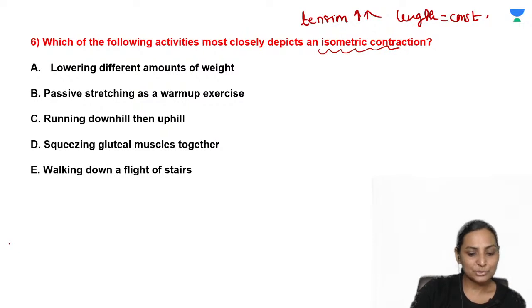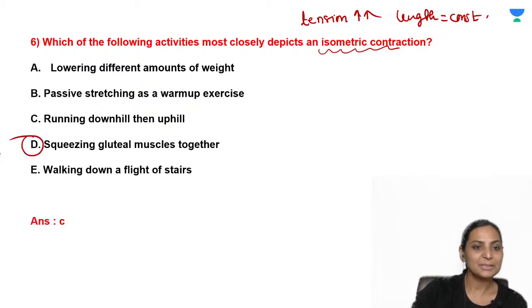Lowering different amounts of weight, passive stretching like you do in warm-ups, running downhill and then uphill, squeezing the gluteal muscles together, or walking down a flight of stairs. Yes, anybody would like to answer? A, B, C, D, E. Which one of them is typically an example of isometric, that is tension increasing but length remaining constant? Yes, so the correct answer is D.